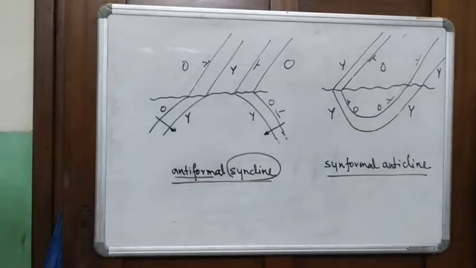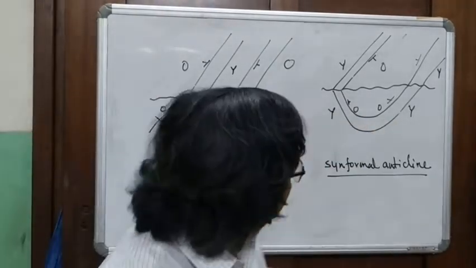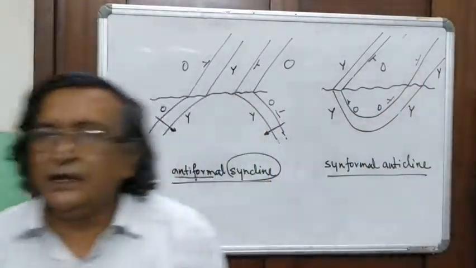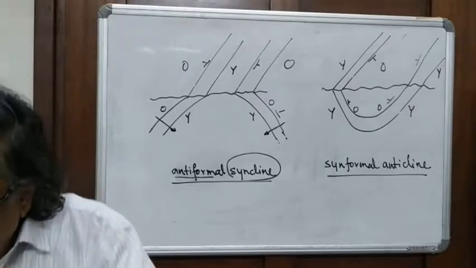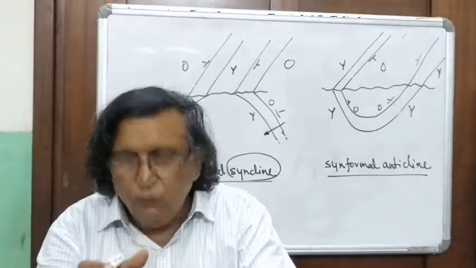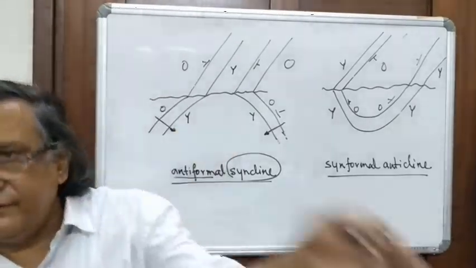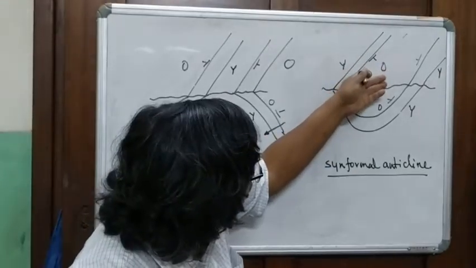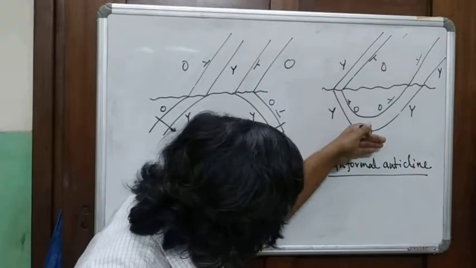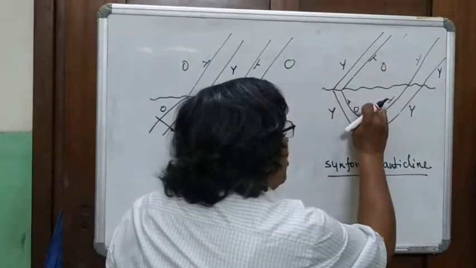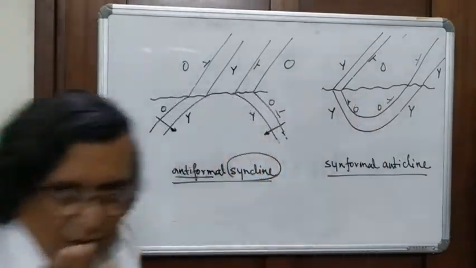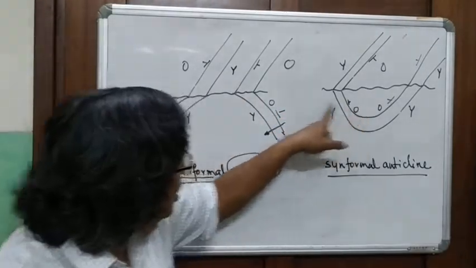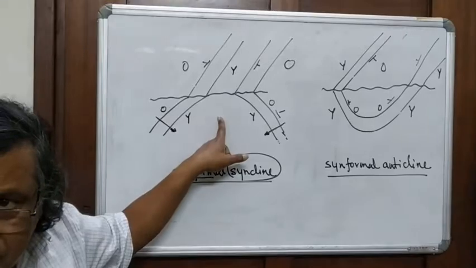Once again, here you have the characteristics of an anticline. And what is that? That the older rocks will occur at the core of the fold. If I translate this here, you can see the older rocks are above the younger rocks.